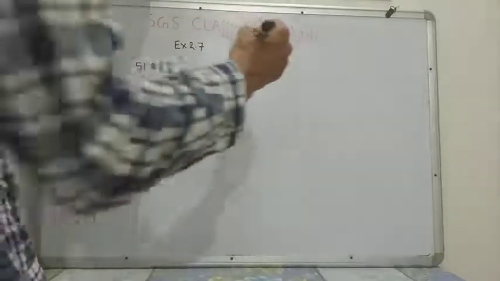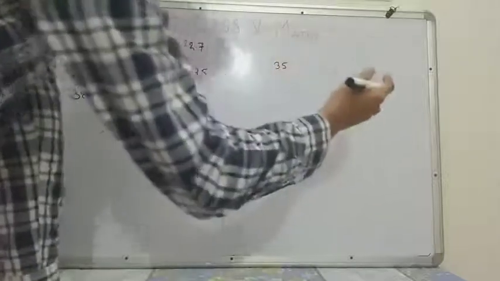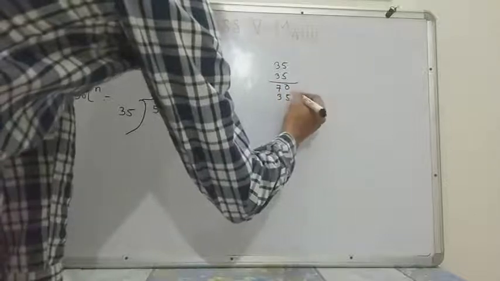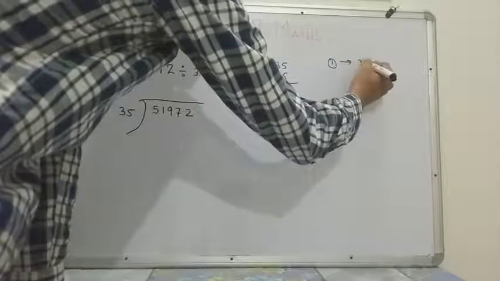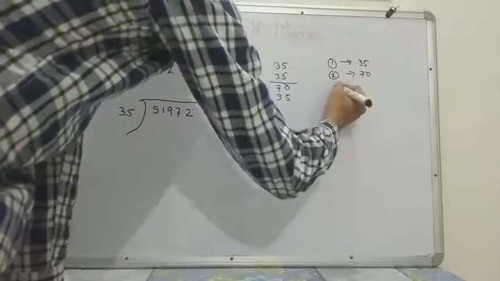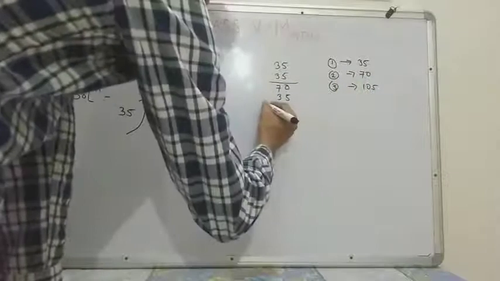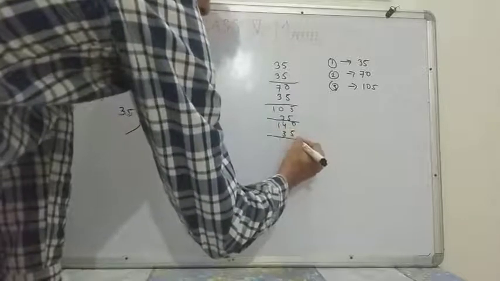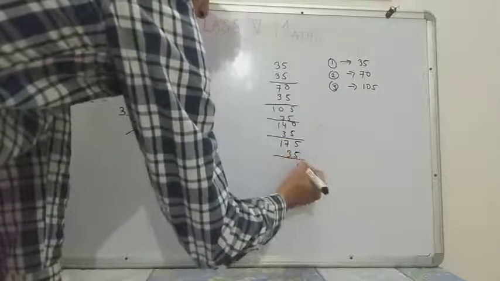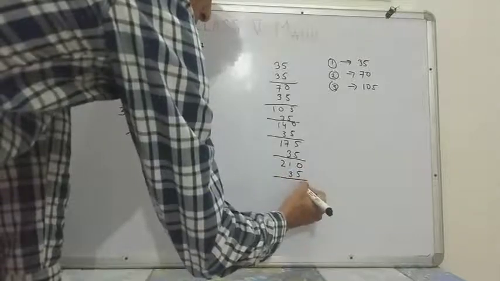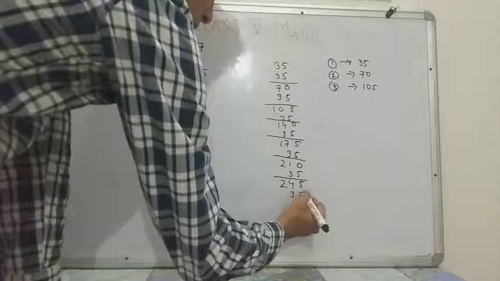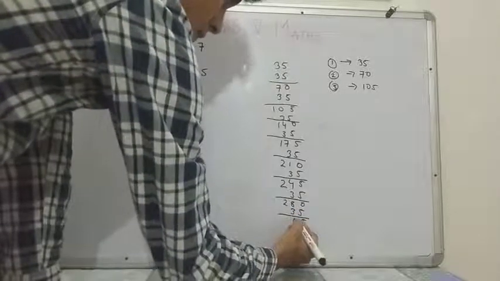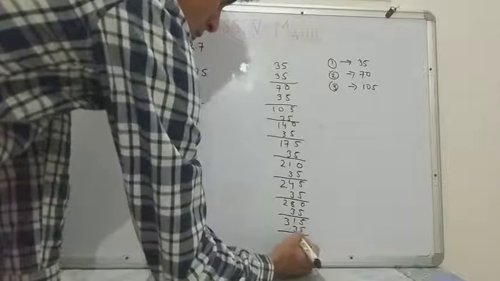For those students, you should write out the multiplication table in the right side column. 35 1s are 35, 35 2s are 70, 35 3s are 105, like this, adding 35 again each time.